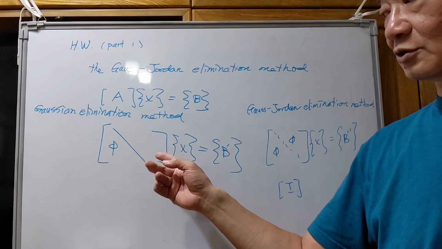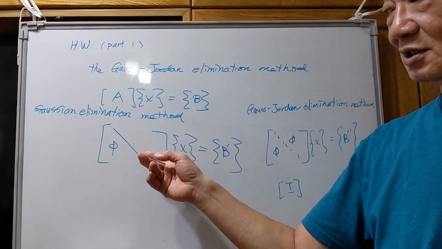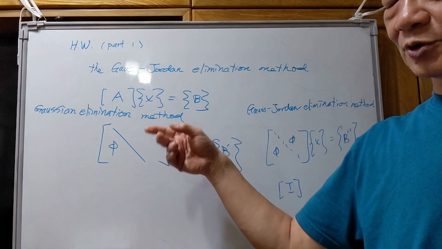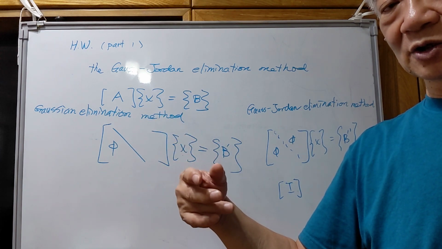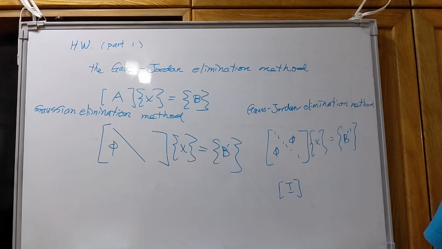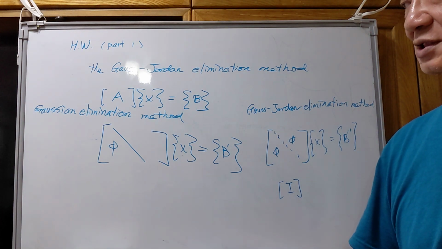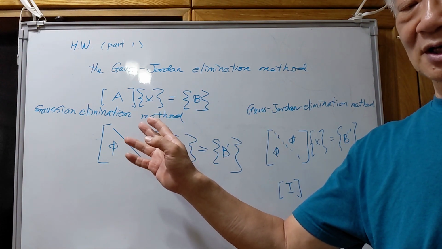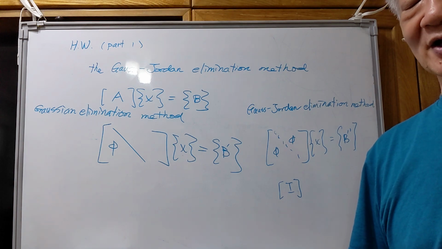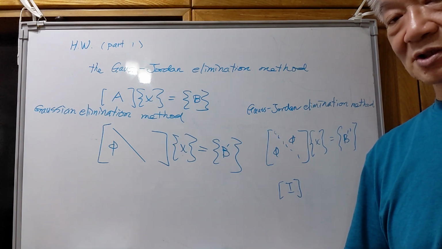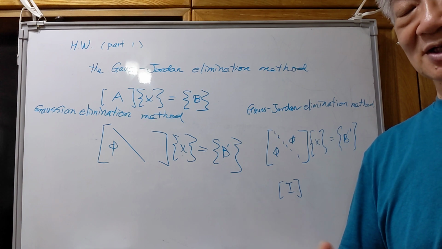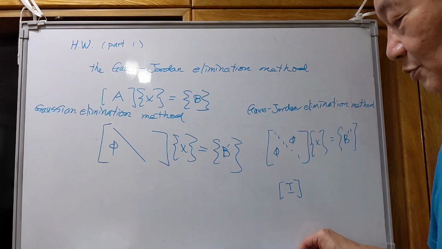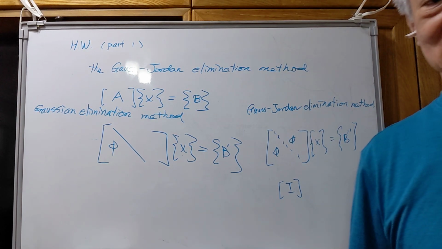We need to solve the unknowns from the last equation, then the second last equation, going back equation by equation to solve the unknowns. So the Gauss-Jordan elimination method is different from the Gaussian elimination method. However, the solution procedures are similar. Okay, I think I will take a break here and continue the discussion in the next hour.